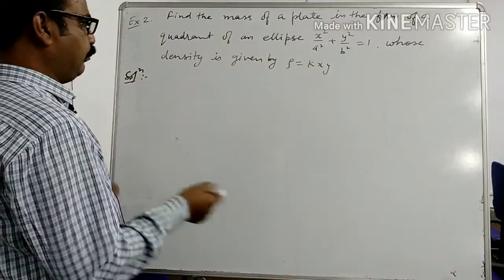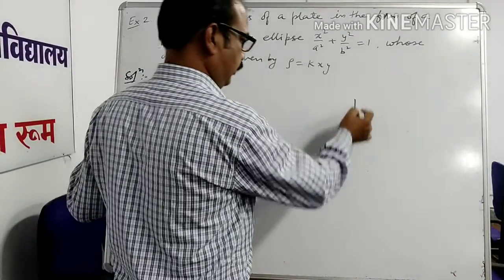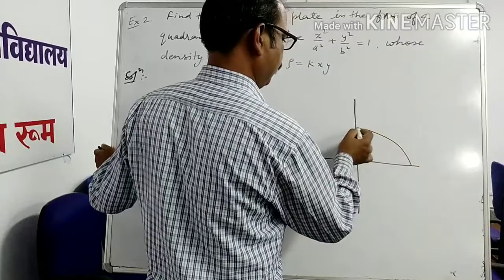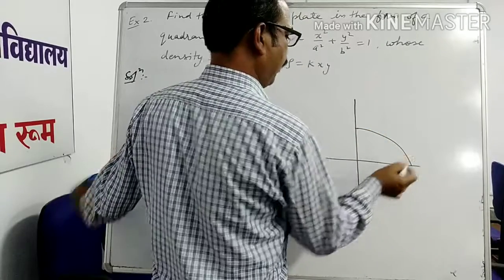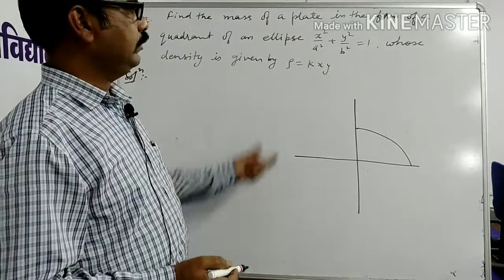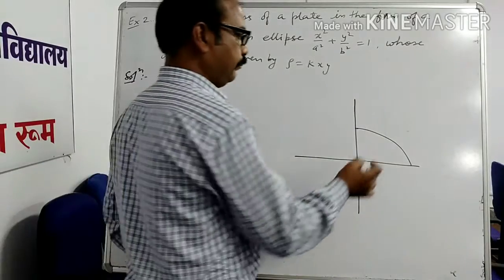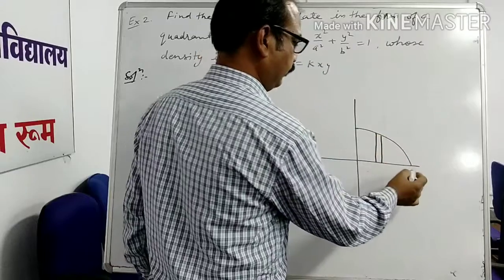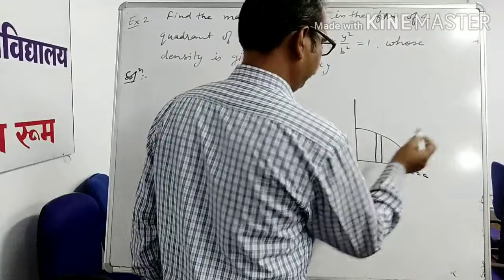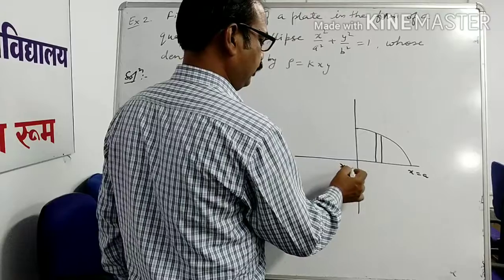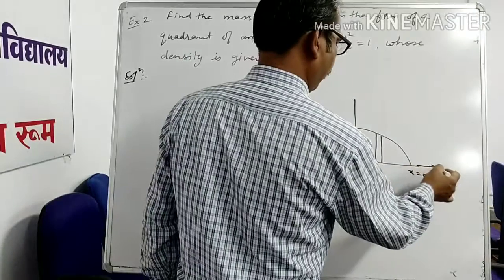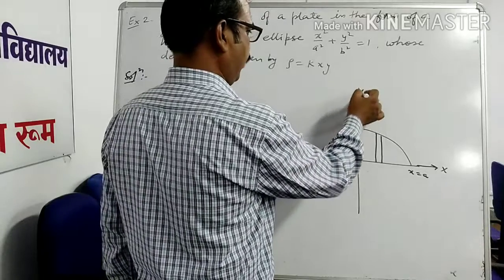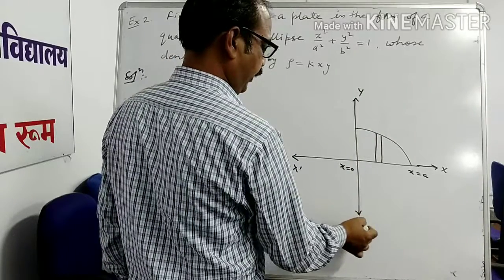To find the mass of this, first we will draw the ellipse. This is the part of an ellipse in the first quadrant. It is x equal to a. Here we have x equal to 0, x dash, y dash.